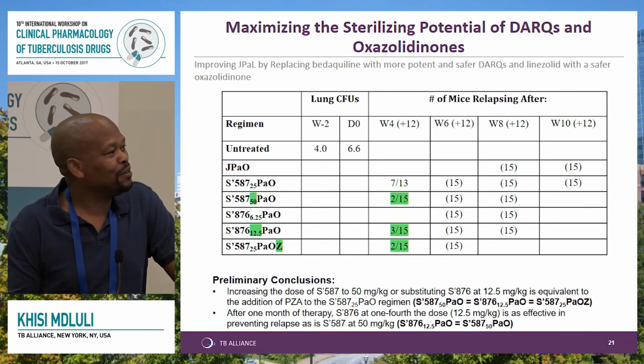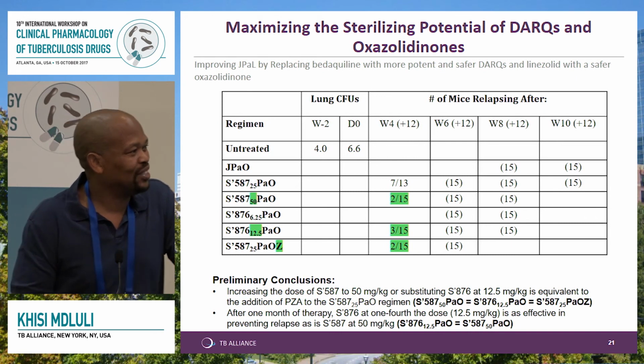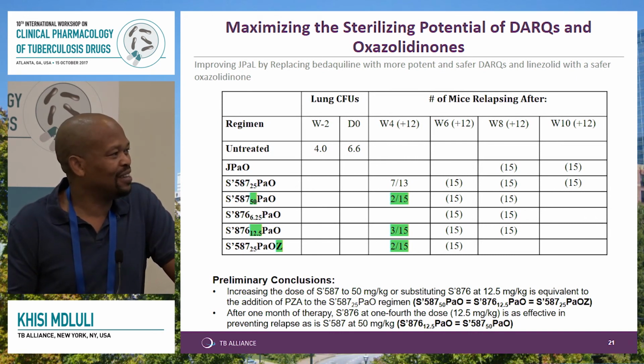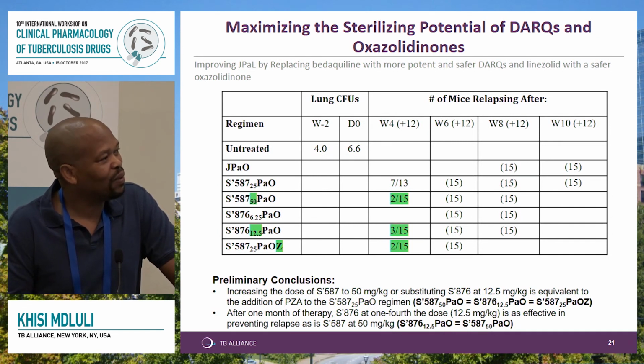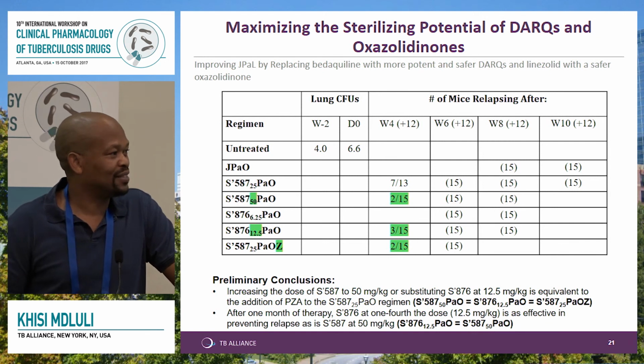If you go a little bit further, and I'm cheating here because I'm sneaking in a compound that I haven't talked about yet, that is even more potent, that came out of the same effort as 587, that one is 876. So similar properties, except much more potent than both bedaquiline and 587. And that compound, at half the dose, so 12.5 compared to the 25, is also just as good, curing most of the mice after 1 month of therapy.